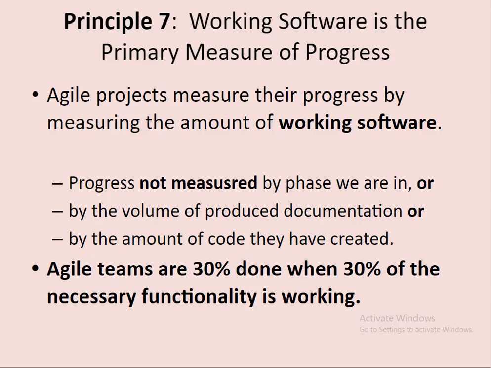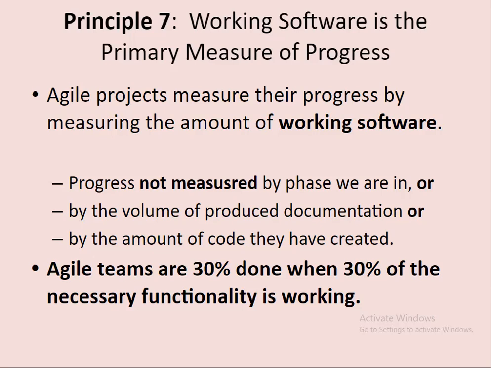So after every sprint, the delivery is there, right? Shippable products are there. Agile projects measure their progress by measuring the amount of working software. Progress is not measured by the phase we are in, or by the volume of produced documentation, or by the amount of code they have created, right?